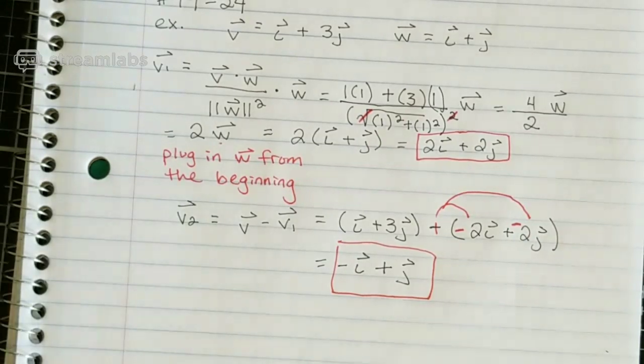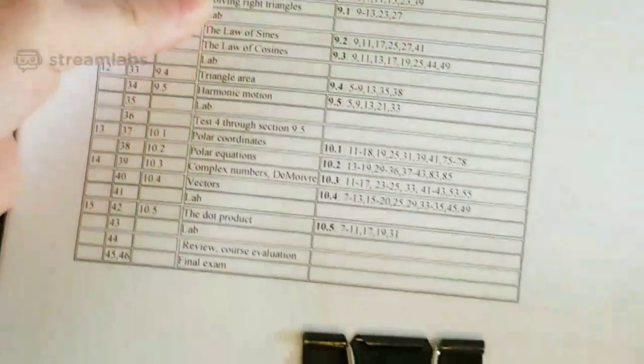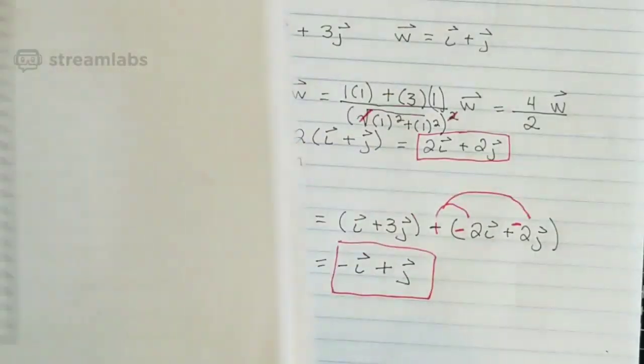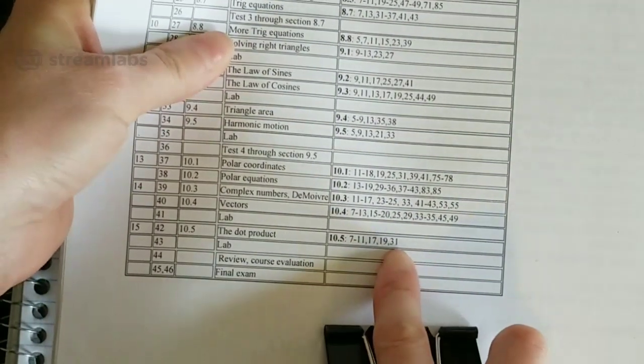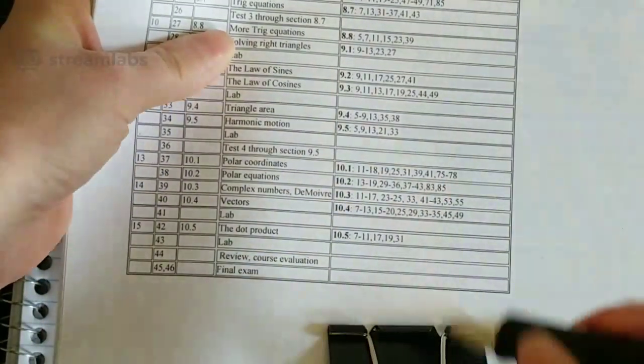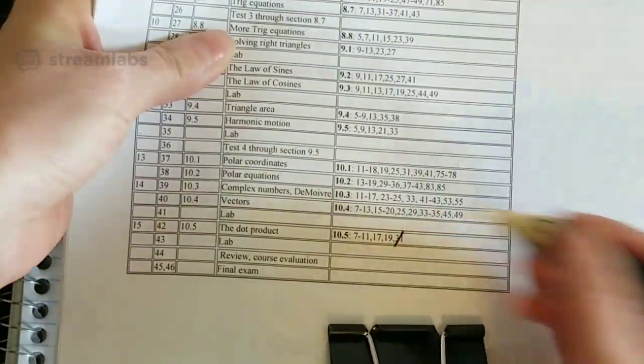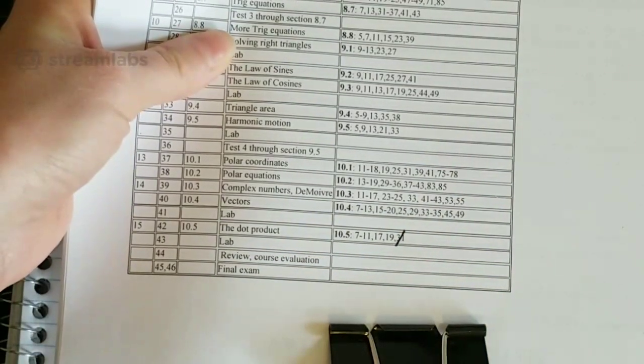All right, now you need to go to your homework paper, which I don't believe I did this beforehand. I'll write it down on this paper too. But if you go to your assignments on 10-5, number 31, scratch that out. You do not need to do number 31. It is not on the final.